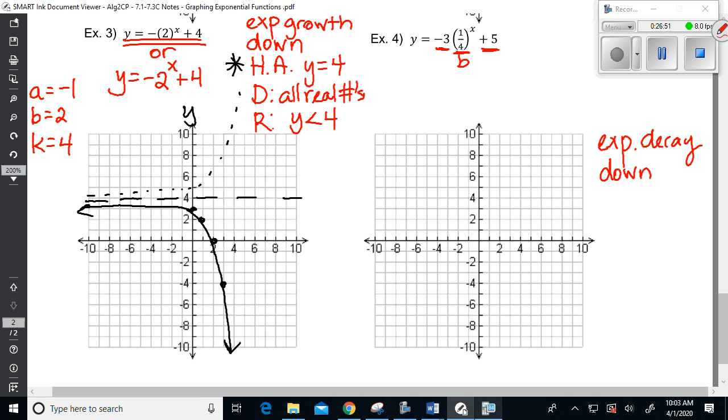The K value is 5, so the horizontal asymptote is y equals 5. Domain is all real numbers. And your range, since the graph is pointing down, is y is less than 5. So again, setting those parts up are pretty much a breeze.